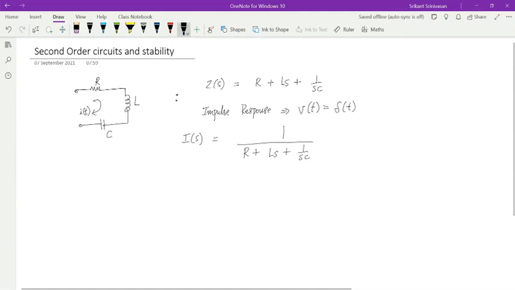Because for the impulse response, when I'm having an impulse function, the Laplace transform of it is just 1. So I'm just left with the transfer function. Okay, and the transfer function, of course, in this case is an admittance. I've written the impedance on top, and therefore this is equal to I of S.